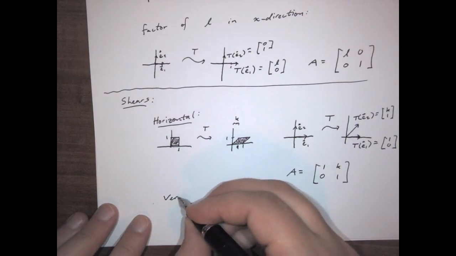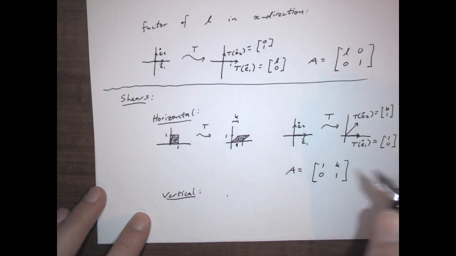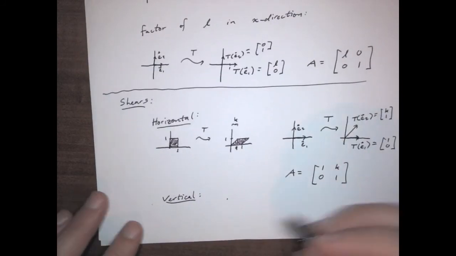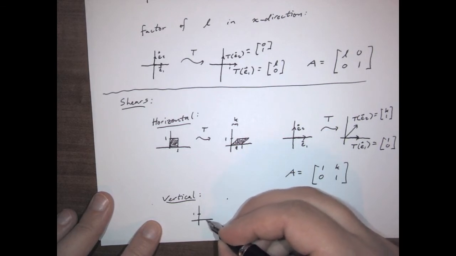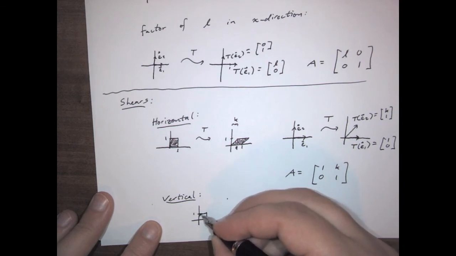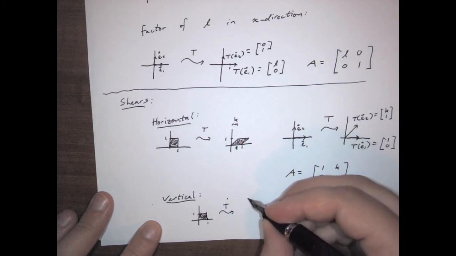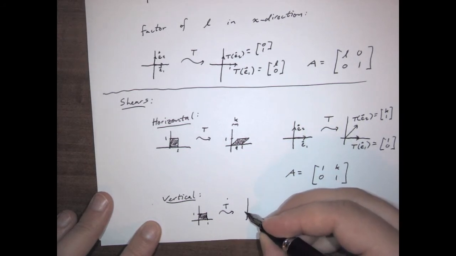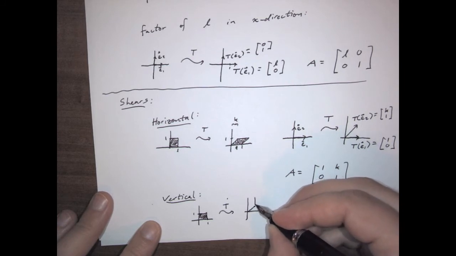Versus a vertical shear, which takes a little unit square and shifts that into a little parallelogram that goes like so.